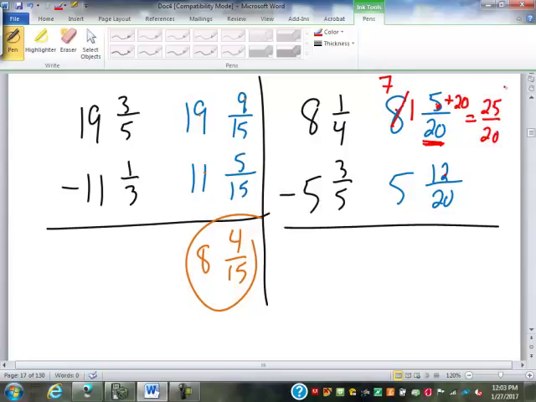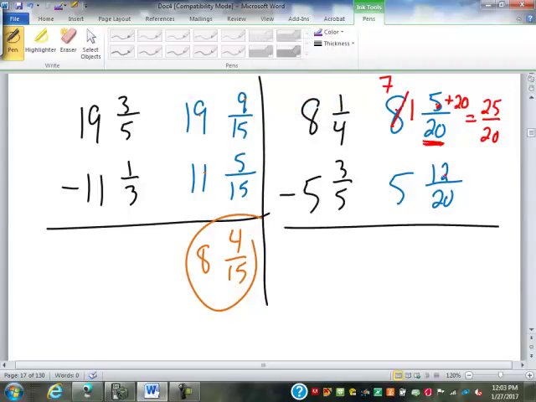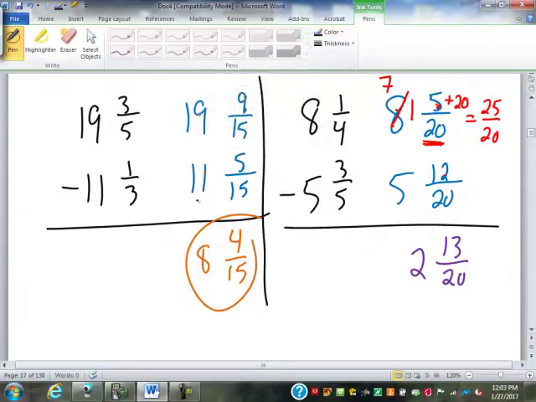Now, I was hoping somebody would say that you just put the 1 in front of the 5 and make a 15. If you think about that, 15/20 is still less than 1. We have to have something bigger than 1 because we borrowed 1 from the 8. So now 25/20 minus 12/20. 25 minus 12 is 13. 7 minus 5 is 2. Let's do one more example of the borrowing.